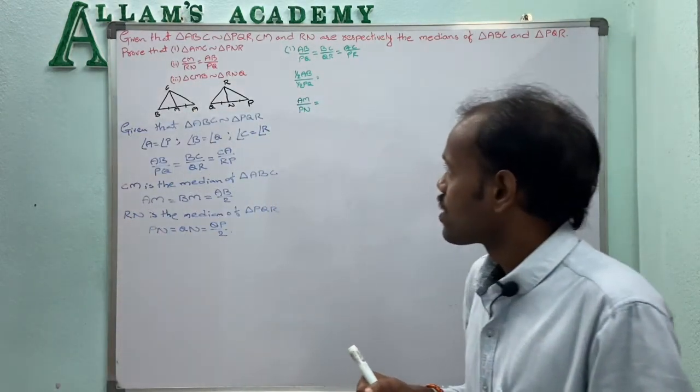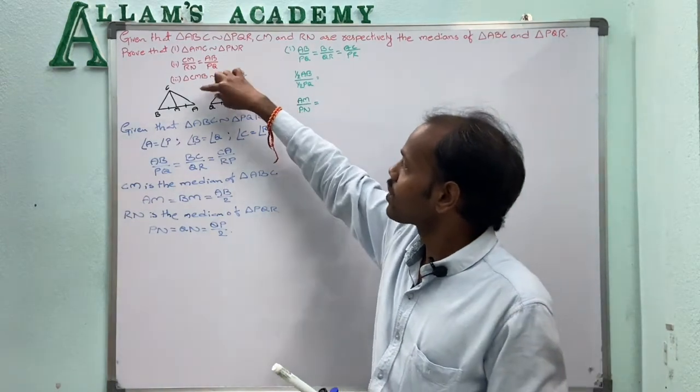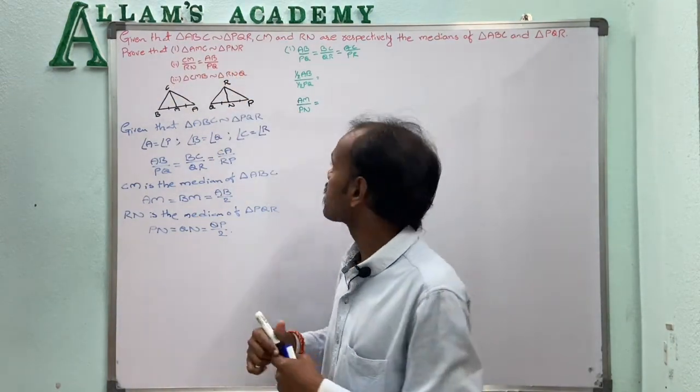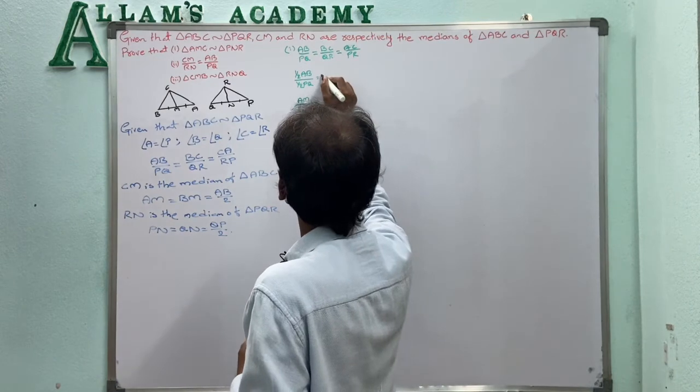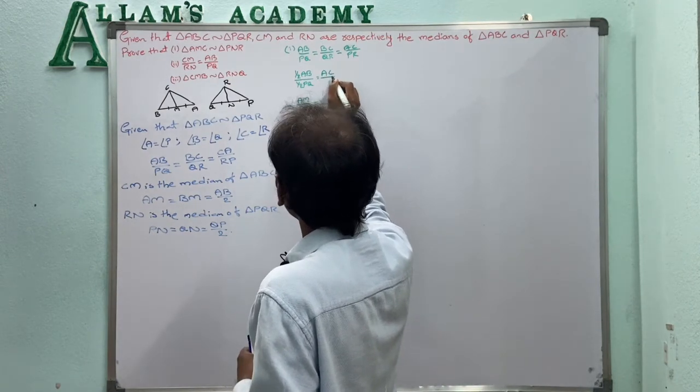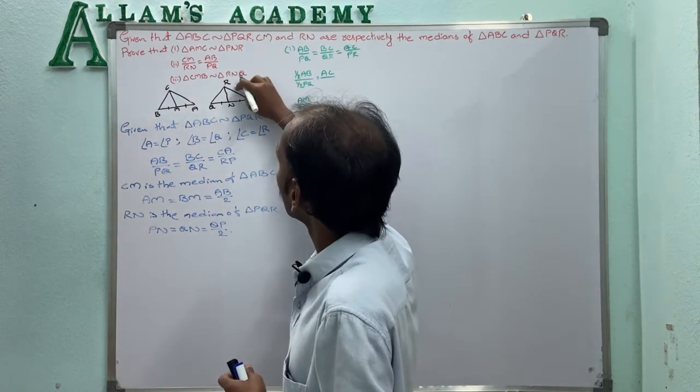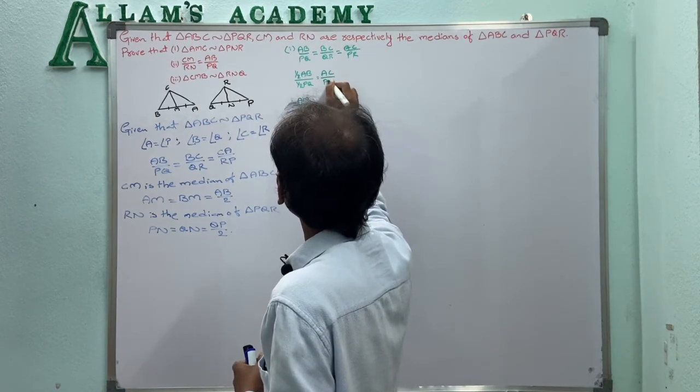And here, AMC's third side is AC, so I am taking AC by PR for PNR.